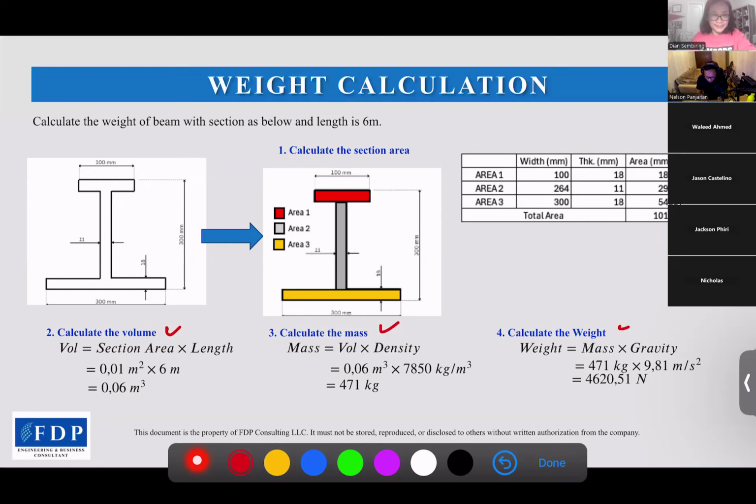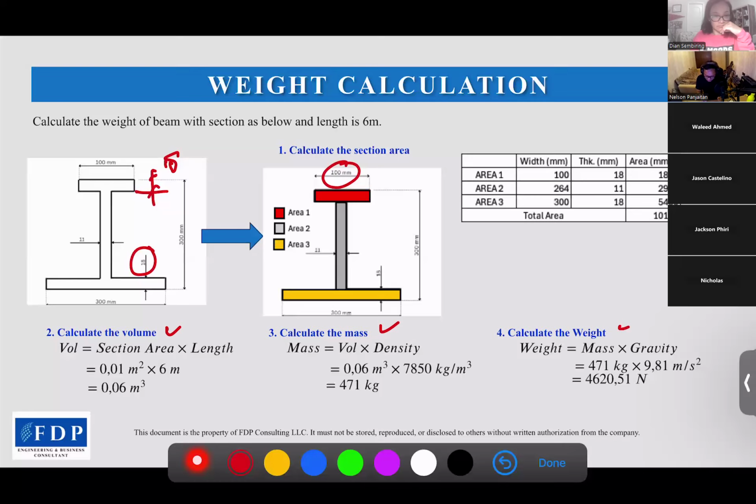So the width for area 1 is 100 here. The thickness is 18. 18 will be same here, also 18. And then the total area for area 1 is 1800 millimeter square.